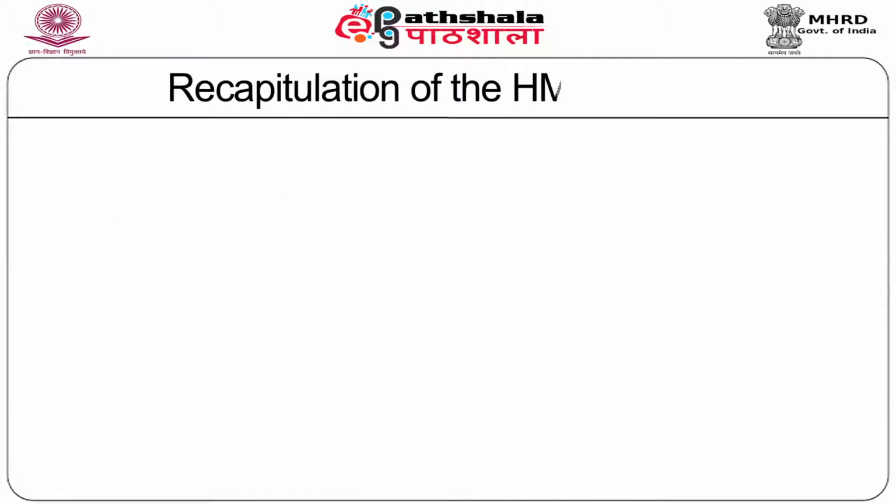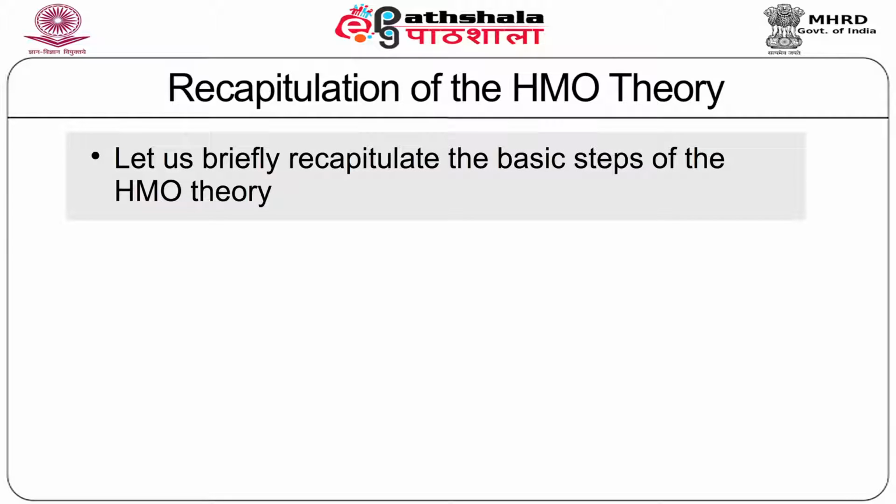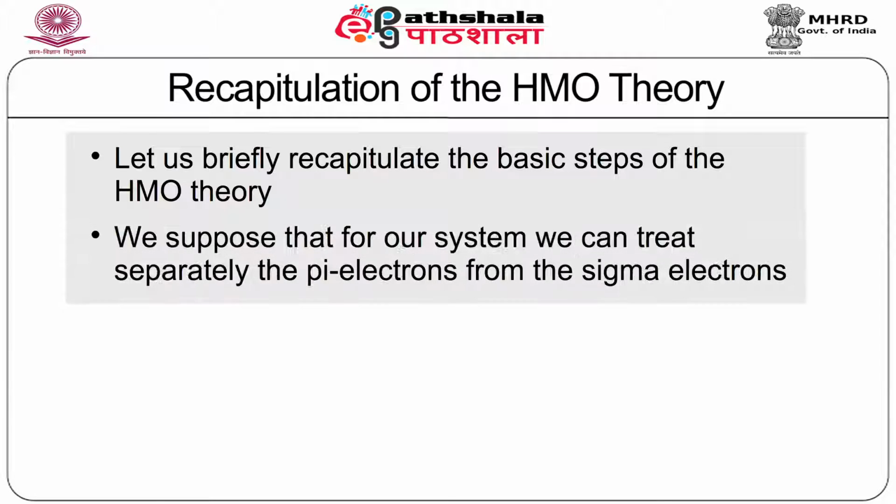Before going to the extended Huckel theory proper, let us briefly recapitulate the basic steps of the simple Huckel molecular orbital theory. In the Huckel molecular orbital theory, we suppose that in our system, we can treat separately the pi electrons from the sigma electrons.